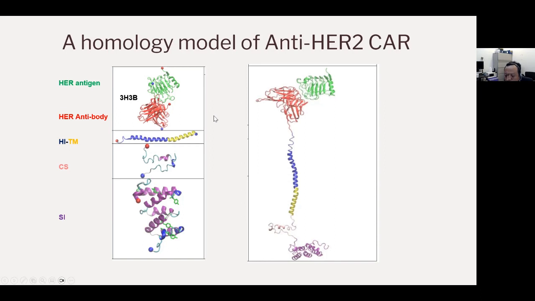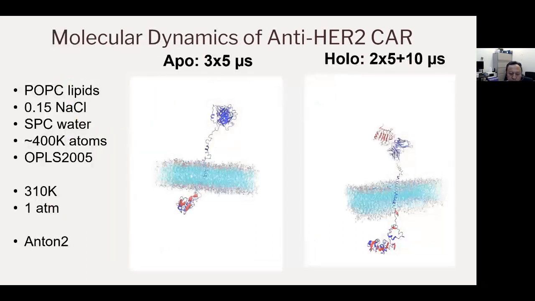With the structure model, now we can use NAMD to simulate this system, because this system is very big. I have removed the water, so this is just some detail about the molecular dynamics simulation. You can see we have this antibody part and the membrane. Here I highlight the tyrosine, which is supposed to be solvent exposed and ready for phosphorylation when it's activated.